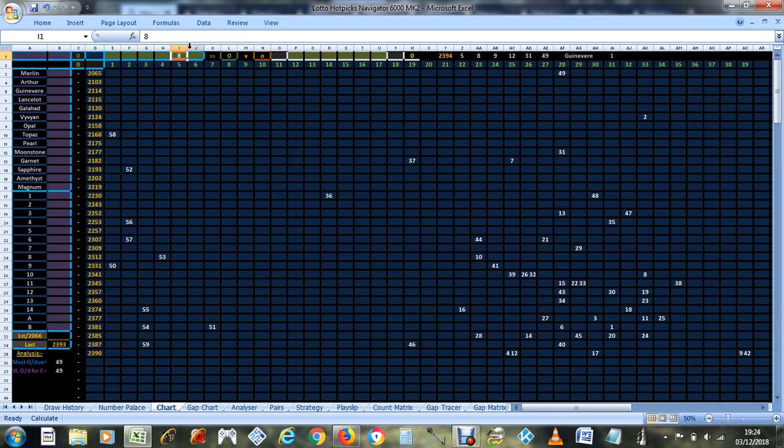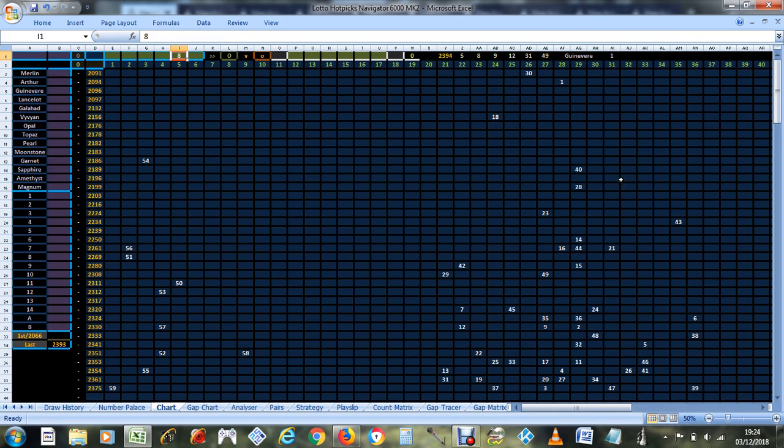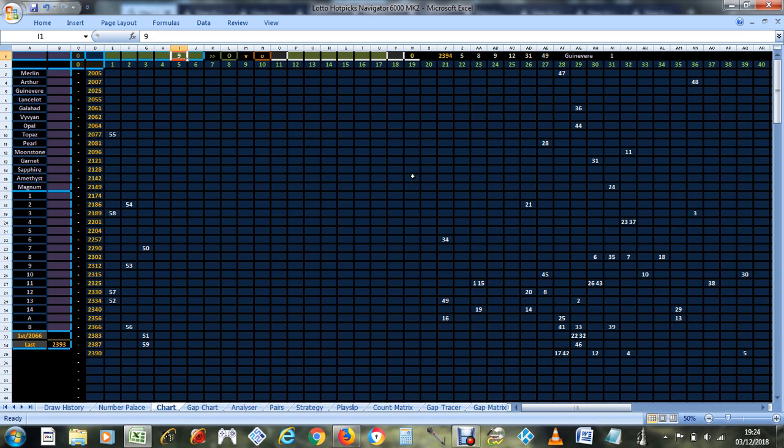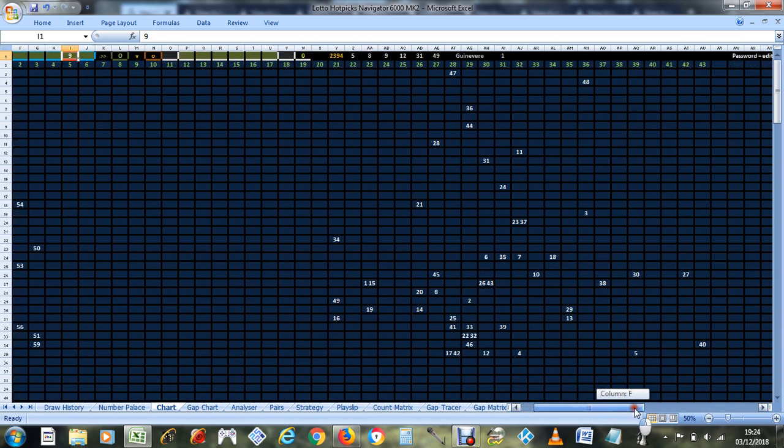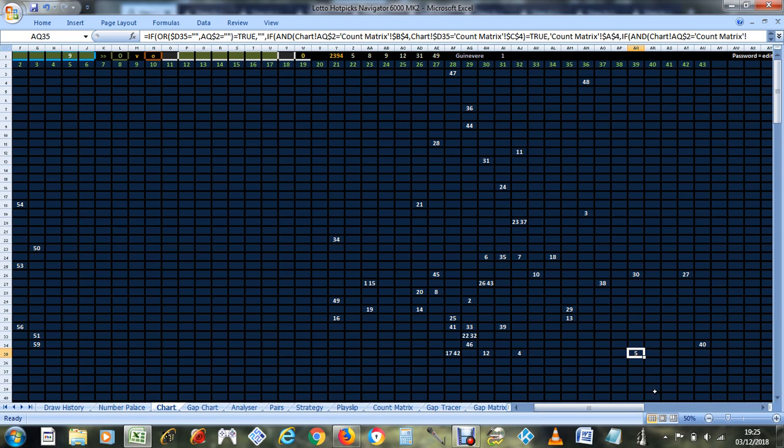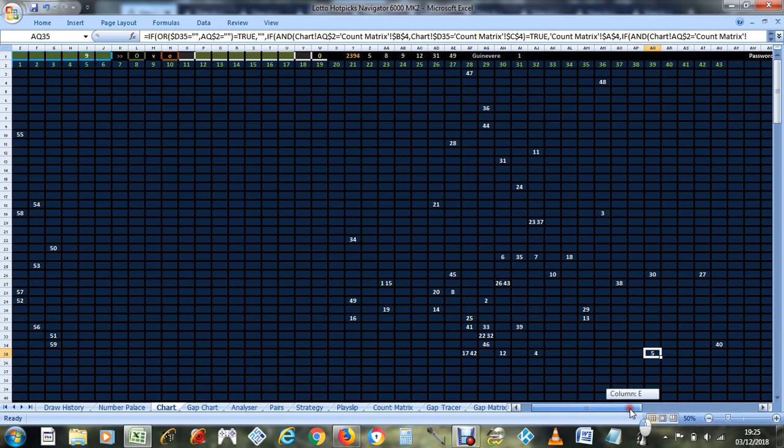So I've got main number 8. And the chart for numbers paired with that one looks like this. Don't see anything outstanding on that, but we'll move on to 9. So on the chart for 9 you can see 5 is third most frequent.